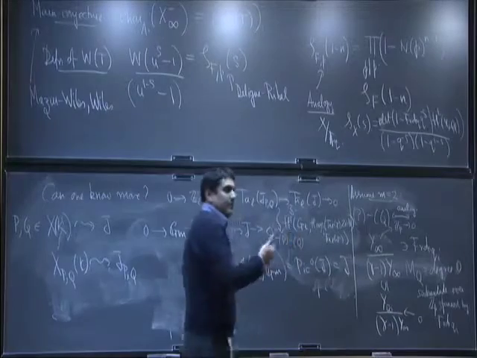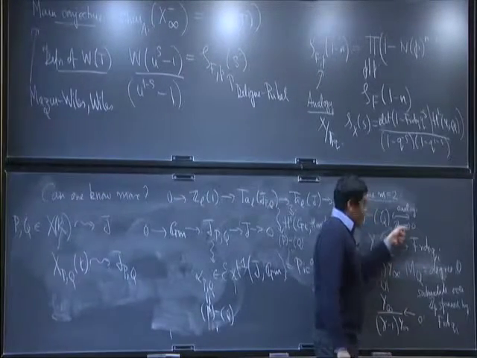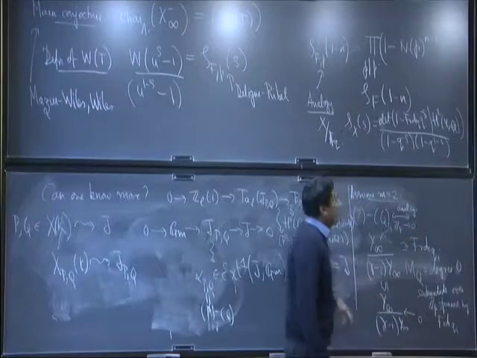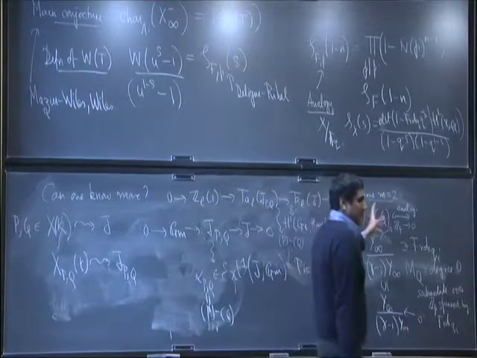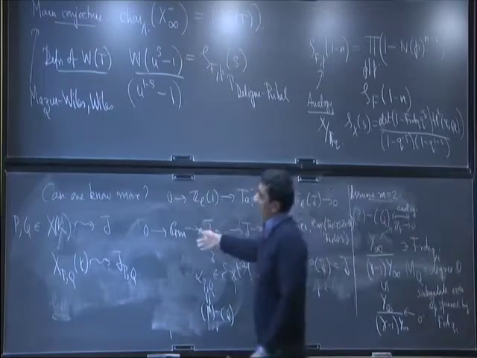Right, so I have two elements in this Galois group. I can look at the Zp linear combination and look at only those which map to 0 here. So this by definition is the degree 0 part. Okay, so now this I claim is some kind of good analog of this geometric situation.